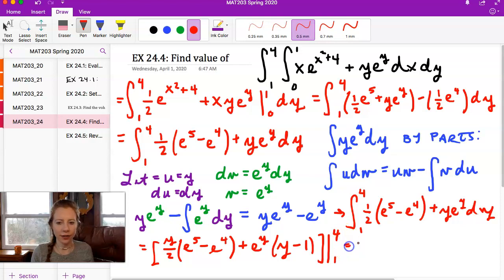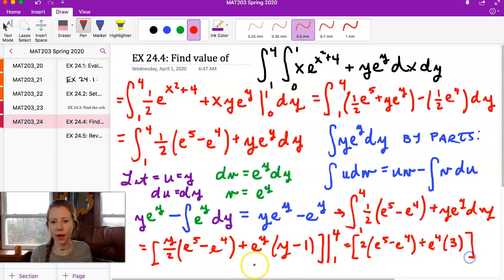And that's going to give us 2 times e to the 5th minus e to the 4th plus e to the 4th times 3 minus 1/2 times e to the 5th minus e to the 4th plus e to the 0 times 0.